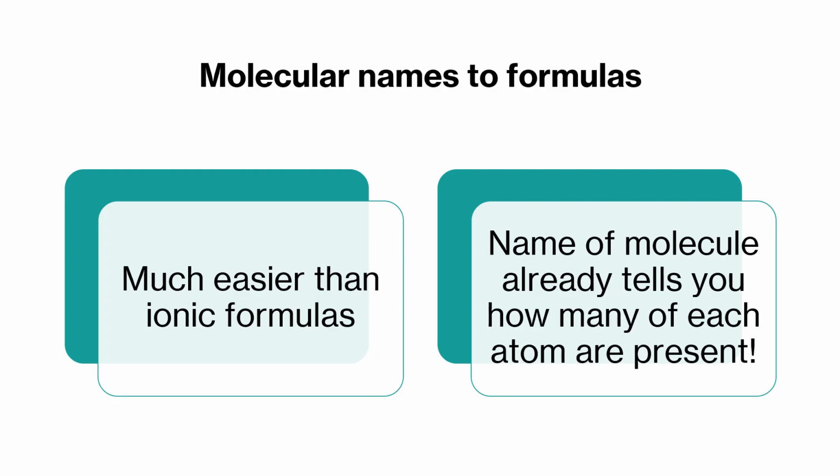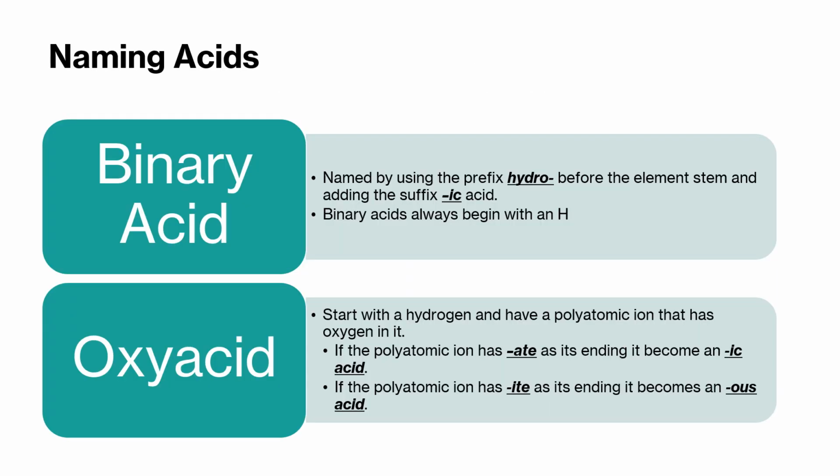The last type of naming that we need to talk about is naming acids. Naming acids is the most confusing and most difficult component of what we're going to work with this semester. There are 2 types of acids that we're going to concern ourselves with, binary acids and oxyacids. A binary acid is an acid that starts with H and has one other element included.